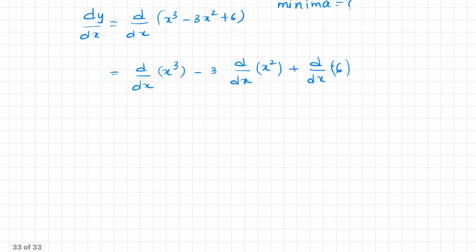The relation we can use here is d by dx of x power n is equal to n into x to the power of n minus 1. In the place of n in the first term we have 3, so it will become 3x square minus 6x, and differentiation of a constant is 0. This is the dy by dx value of the given function.